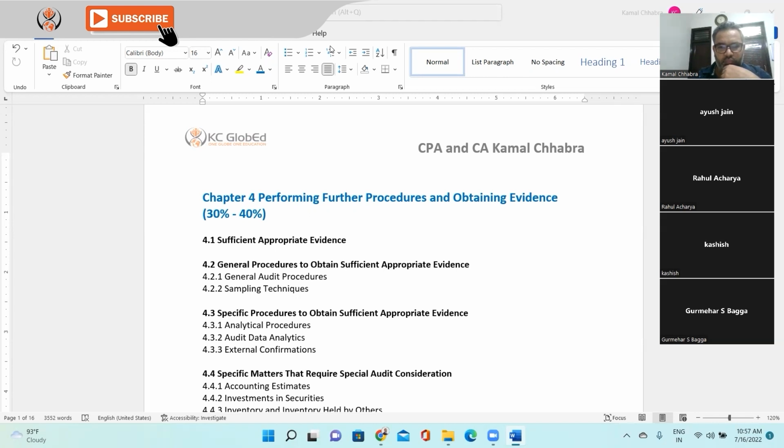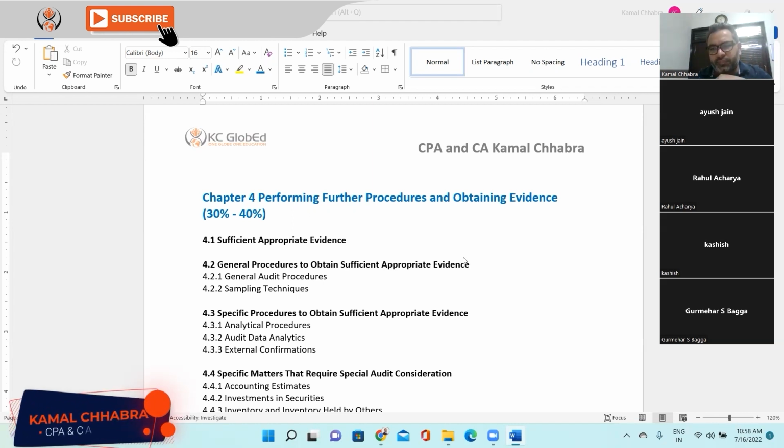It should be from the right period. It should be relevant to the testing you're performing. Yes, that's very true. For the sample you are selecting, are you getting evidence which is reliable? That is appropriateness of the evidence which you are validating for the respective financial statement line item. Make sense?